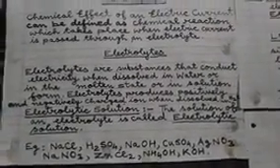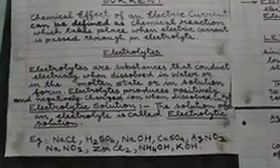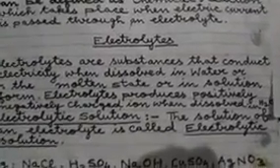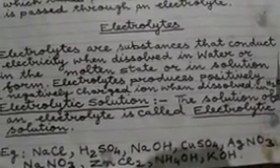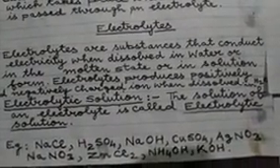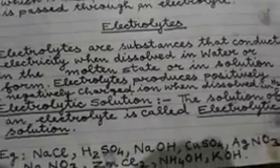Besides this, one more important point you should remember about electrolytes is that electrolytes produce ions, and these ions are positively charged as well as negatively charged when they are dissolved in water.